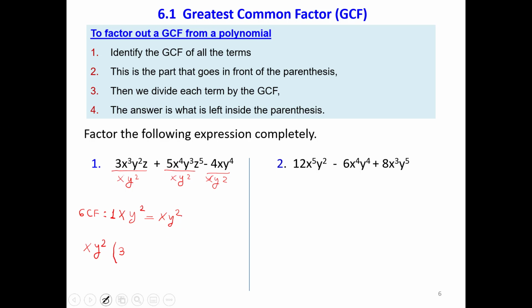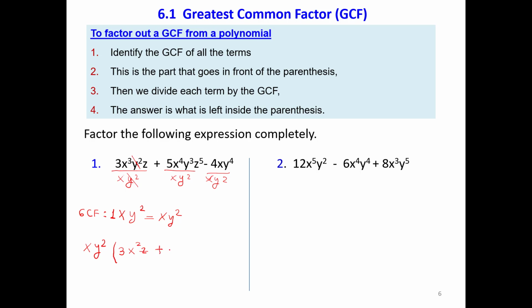Now check x: 3 minus 1 is 2. y: we had y to the second, they cancel out, we had the same exponent. Then we had just z left inside for the first term.